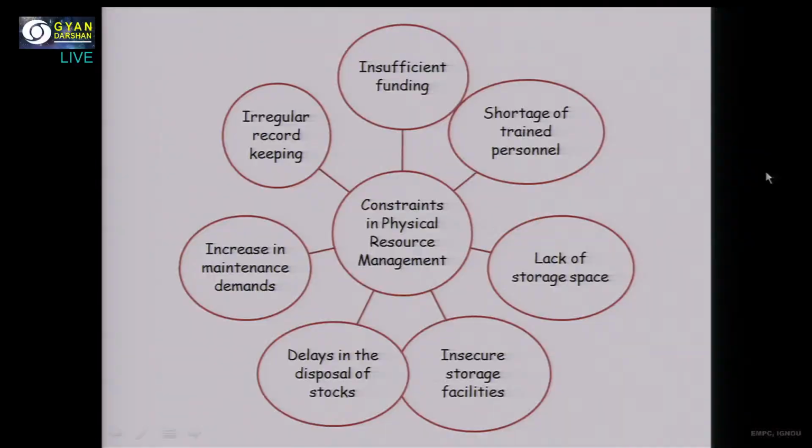So we can recollect the constraints once again as displayed, that we can see the insufficient funding, the shortage of trained personnel, then the lack of storage space, then the insecure storage facilities, delays in the disposal of stocks, increase in maintenance demands, irregular record keeping. All these constraints should be taken into consideration.